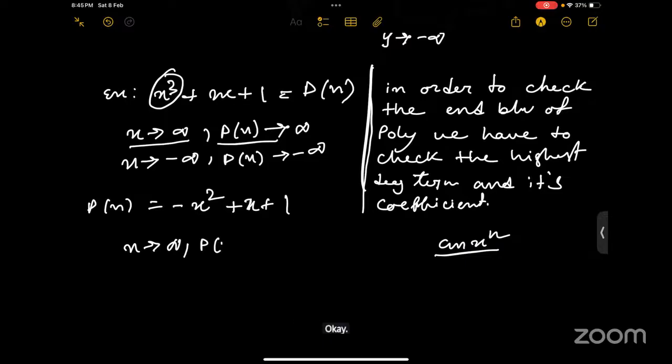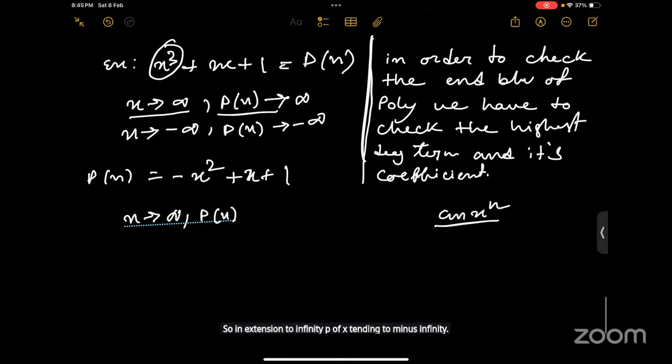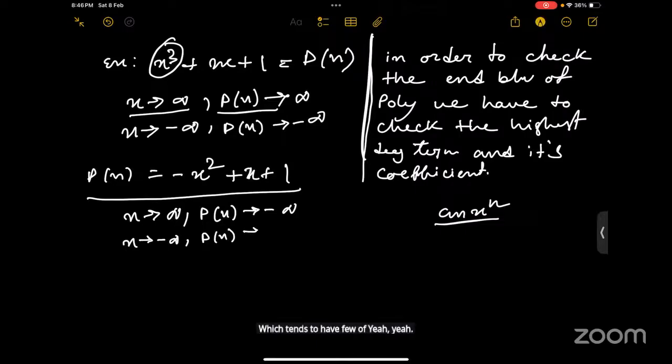So can you see this example, p of x equals minus x square plus x plus 1? When x tends to infinity, p of x tends to minus infinity. And when x tends to minus infinity, p of x is also minus infinity.